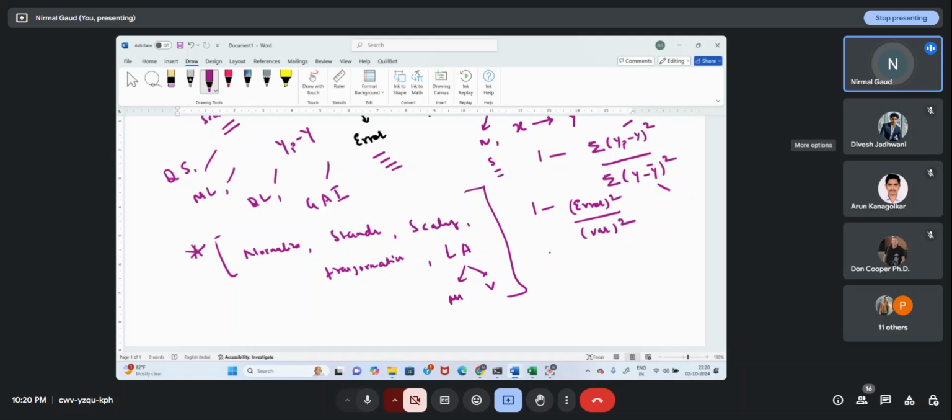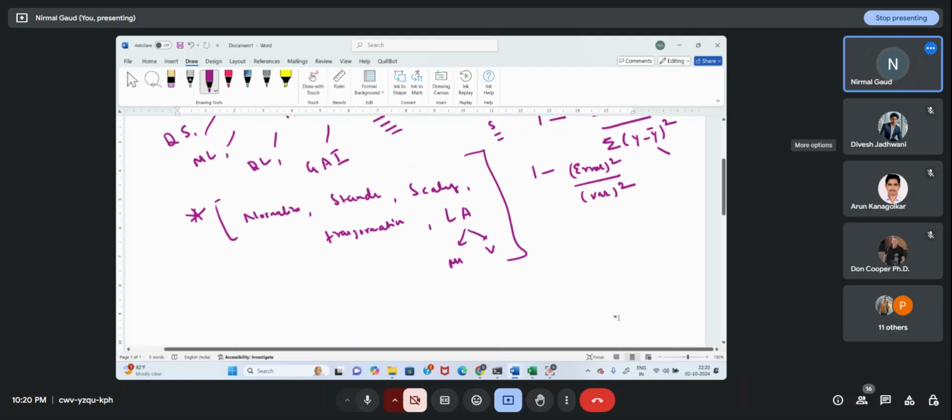If you are not using these terms in the pre-processing of the data, your model will definitely fail.